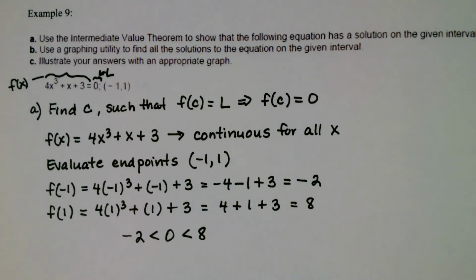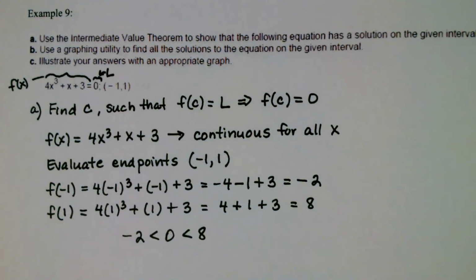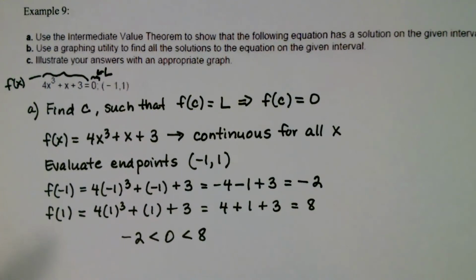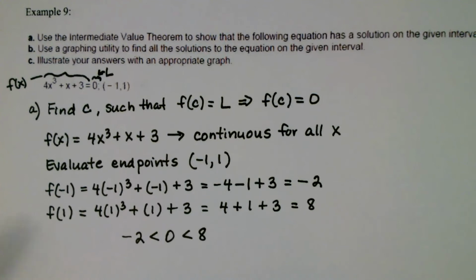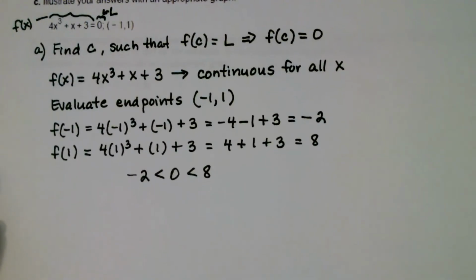That means there is a value between -1 and 1 where f of x will give me 0. I need to find out what that value is, and the only way to do that is to use the graphing calculator, which is what part B is. Use the graphing utility to find all solutions to the equation on the given interval.